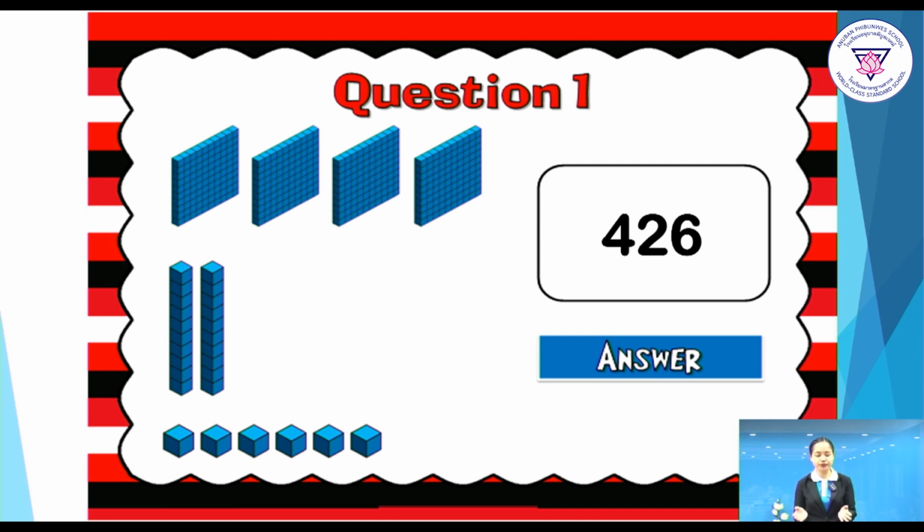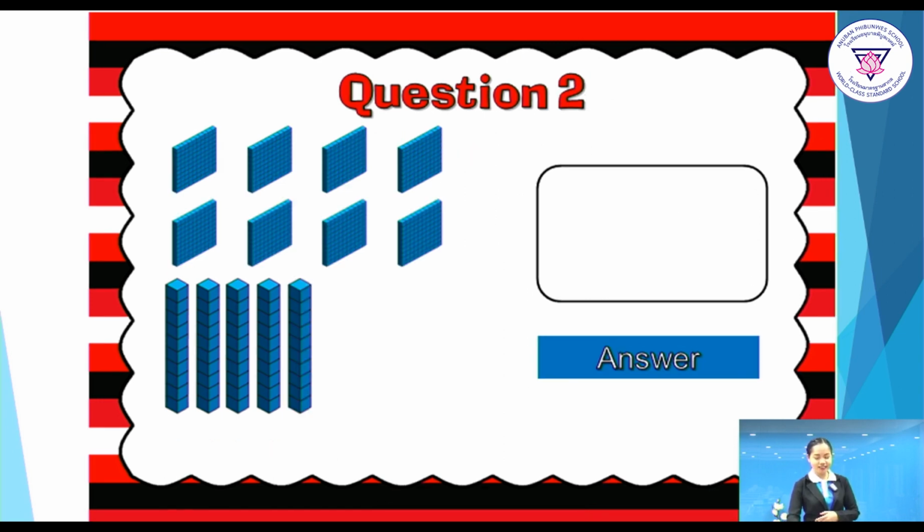Let's go to example number 2. How many blocks can you see in hundreds? And how many blocks can you see in tens? What is your answer? It's 850. Example number 3. How many blocks can you see in hundreds place?